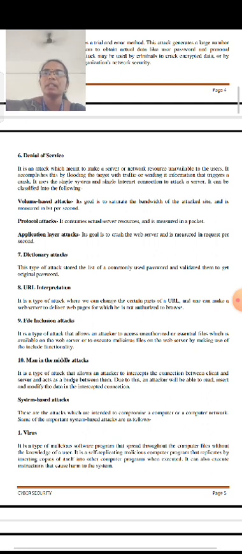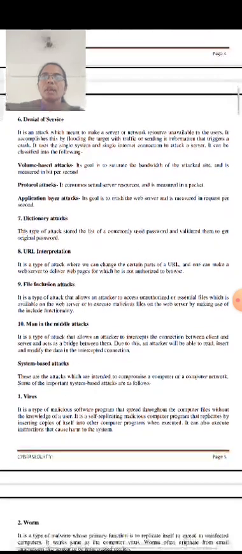It is accomplished by flooding the target with traffic or sending information that triggers a crash. It contains two types of attacks: volume-based attacks and protocol attacks, and application layer attacks. Volume-based attacks aim to saturate the bandwidth of the attacked site.